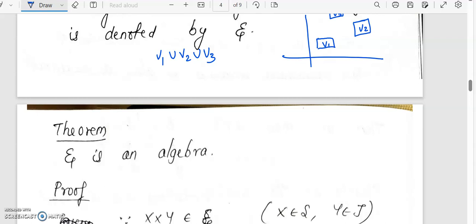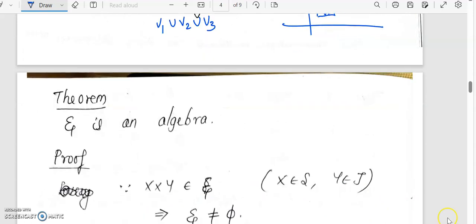First we will show that the complement of a measurable rectangle is in script E. Then using that we will show that script E is closed under complementation, and then we will show that it is closed under union. So first we will be looking at how to show that script E is closed under disjoint union. So let us look at the proof.